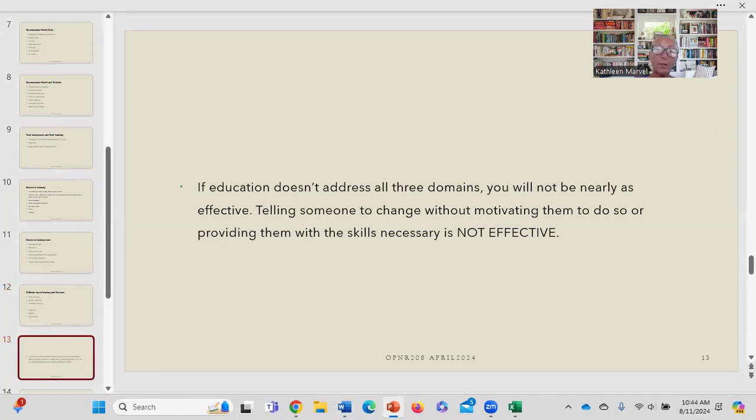If education doesn't address all 3 domains, cognitive, affective, and psychomotor, you will not be nearly as effective, right? Telling somebody to change without motivating them to do so or providing them with the skills necessary, it's not effective.